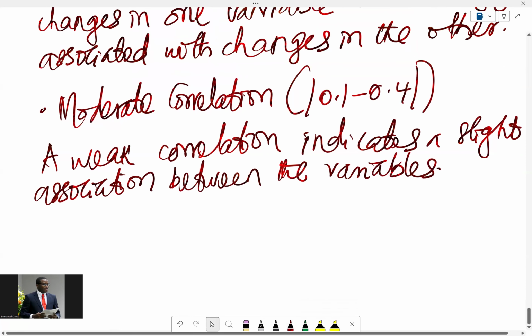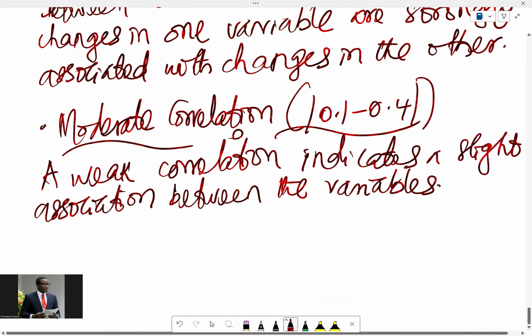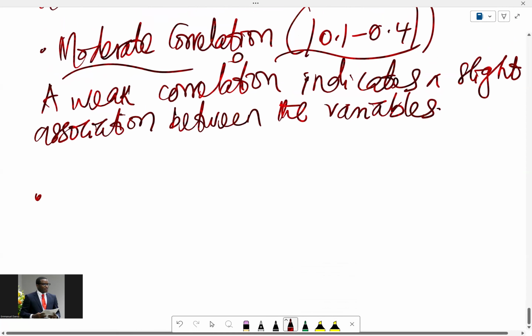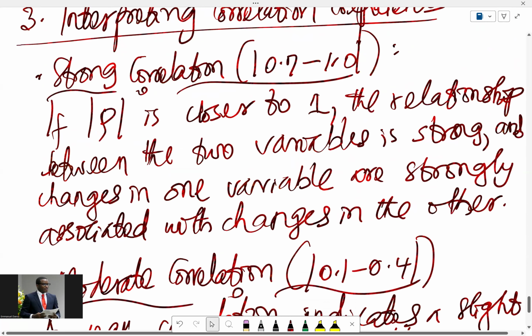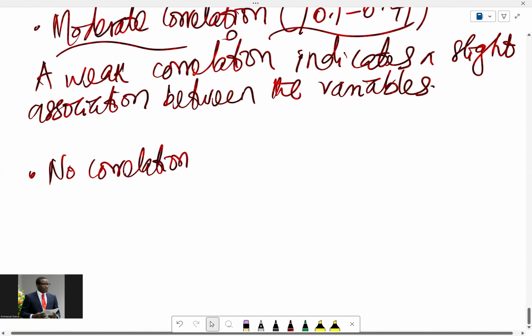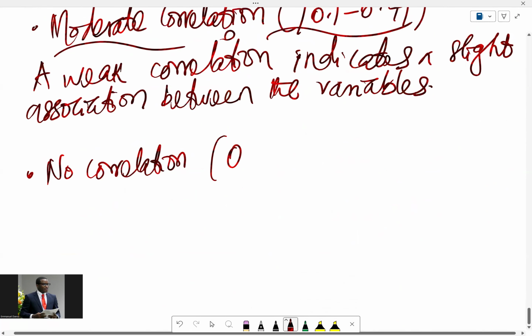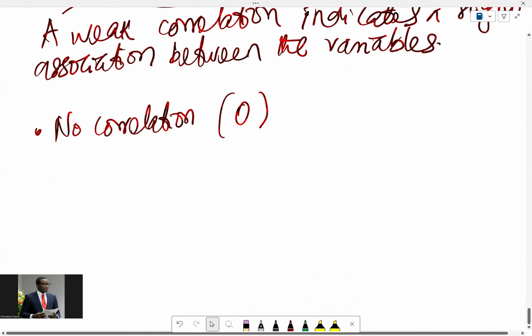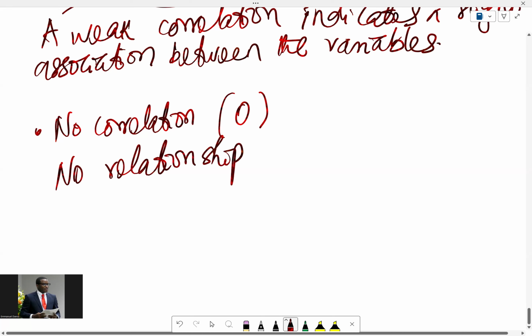Then, of course, we can have no correlation. That's of course just zero, straight zero. So in this case, we can say no relationship. And we can, of course, use the kind of classification we had for Pearson.